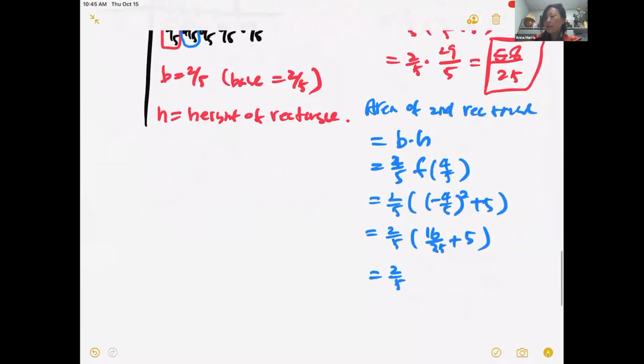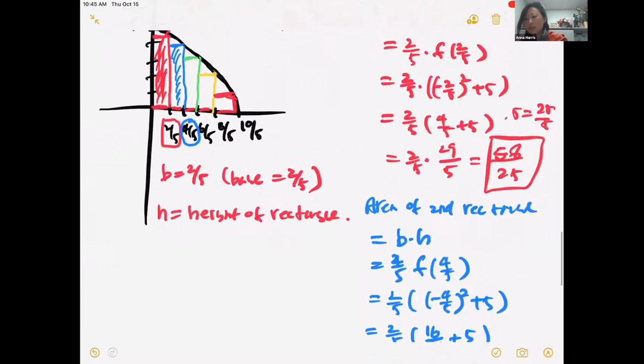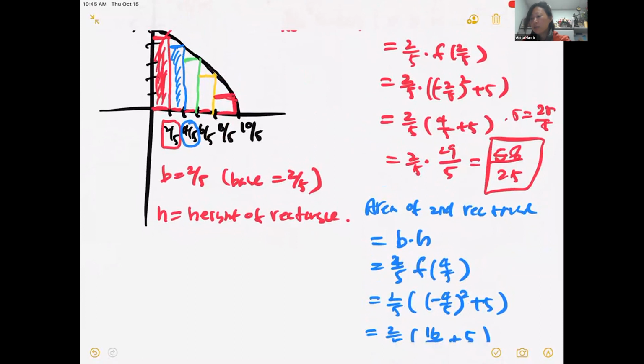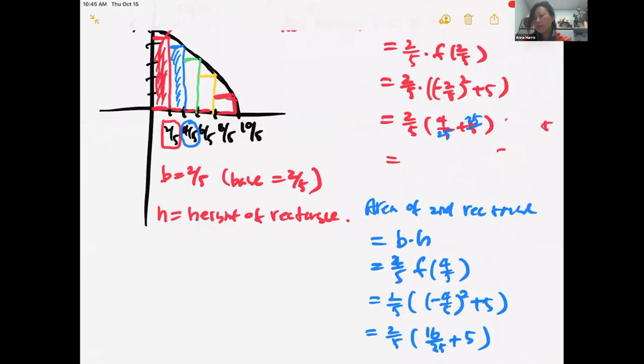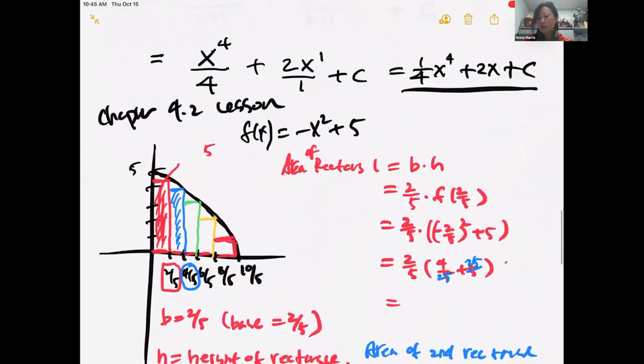Oh, did I make a mistake here? This number is wrong, so I need to put that in my calculator.